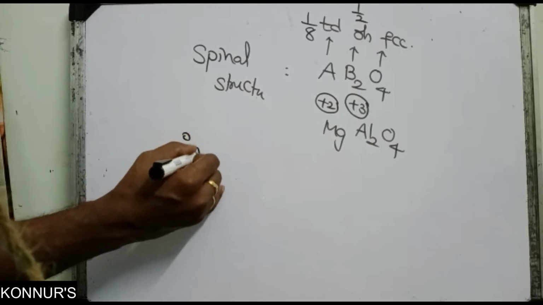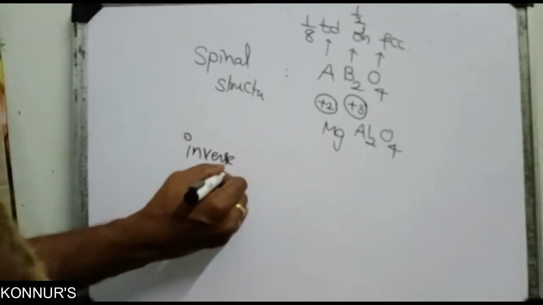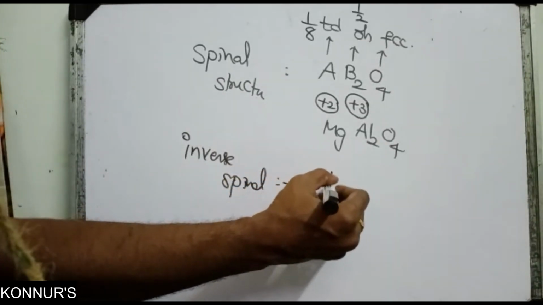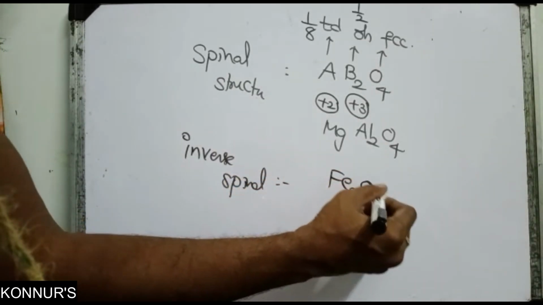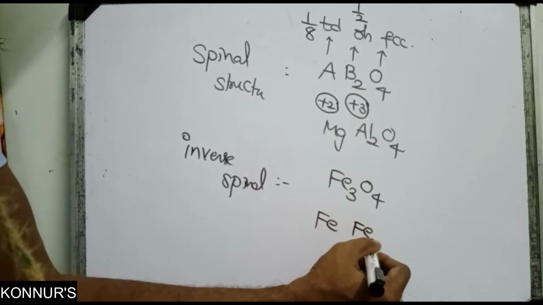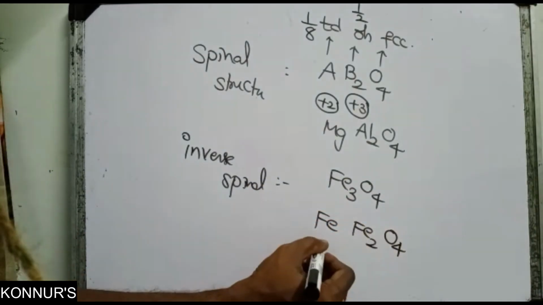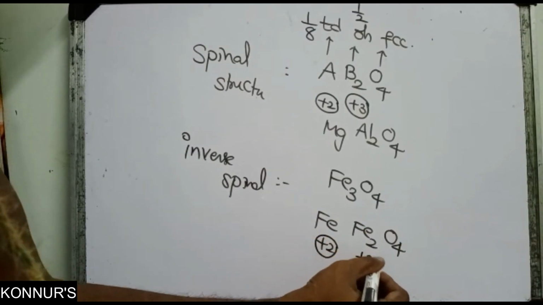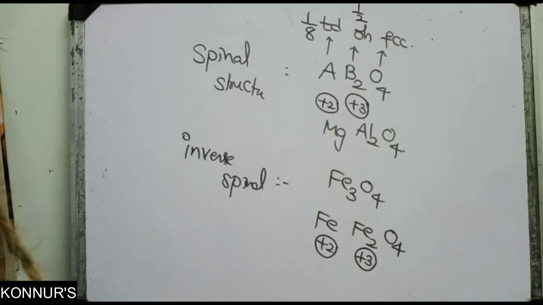Another example, inverse spinel. The inverse spinel structure has the formula Fe3O4, which contains Fe2O4, that means one is plus 2, the others are plus 3, and oxygen.